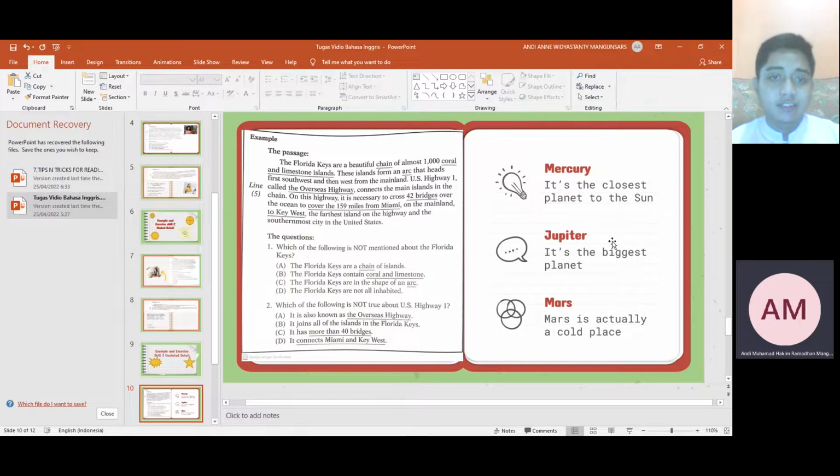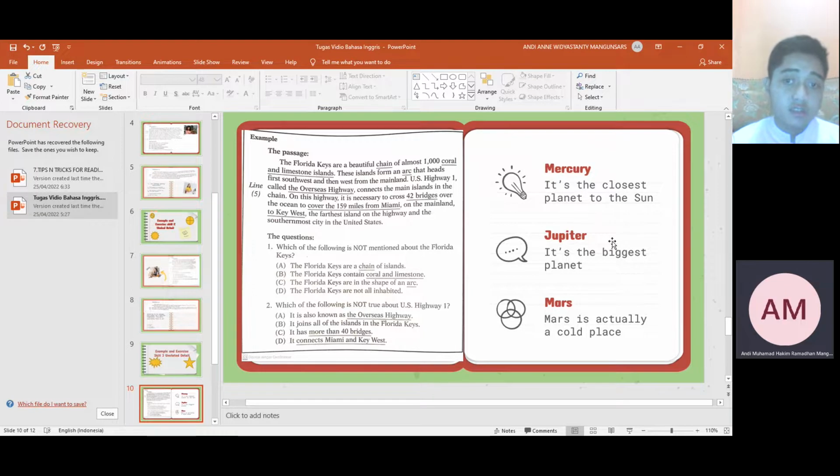Unstated detail is not true in the passage. Before that we must look at the keyword, look at paragraph 1, look at the next paragraph. Be careful. That is not true in the passage.